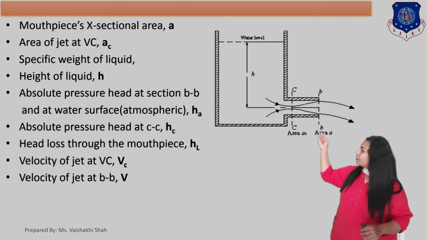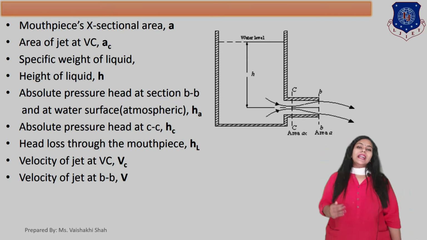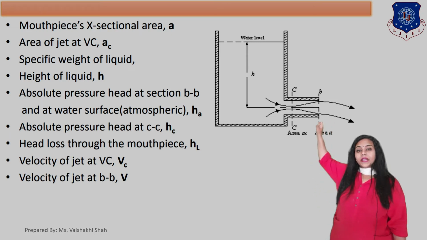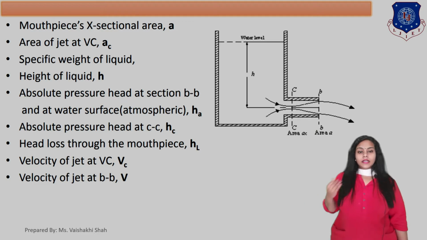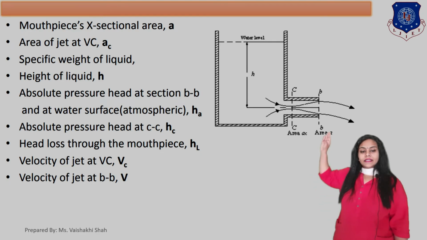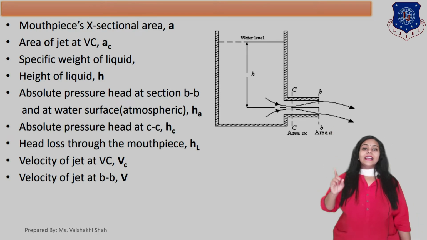Remember that when water comes out in contact with the atmosphere, at section BB the pressure is atmospheric pressure. Now at section CC, the pressure head we indicate as HC, and at section BB, the pressure head is HA.